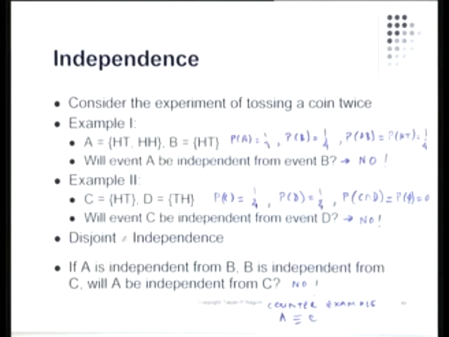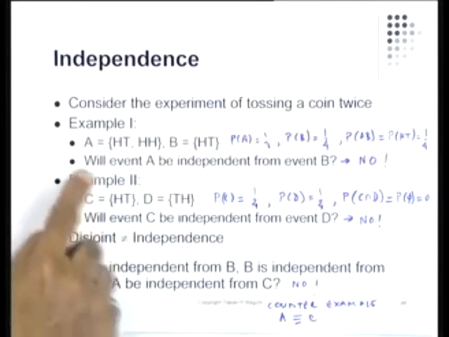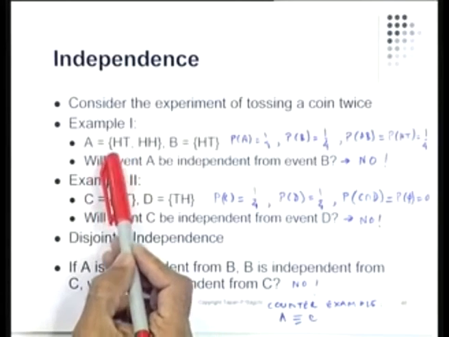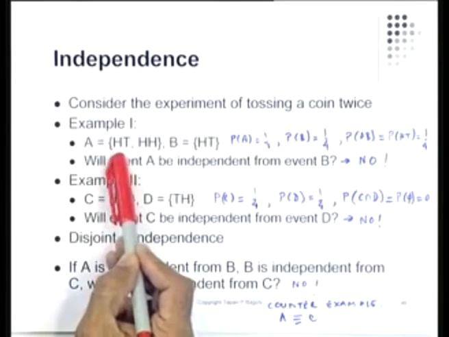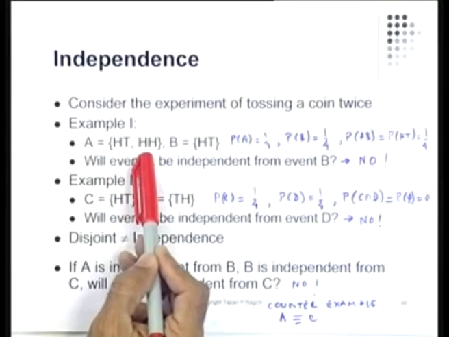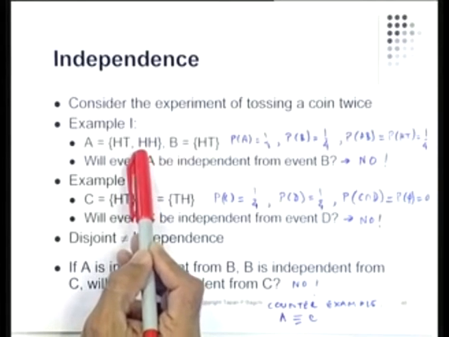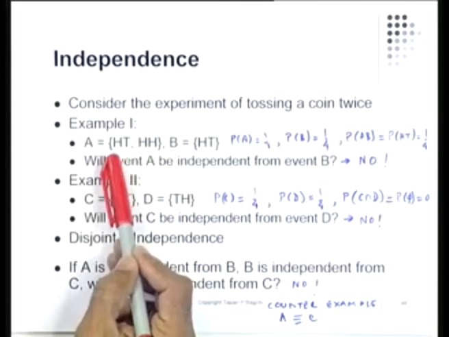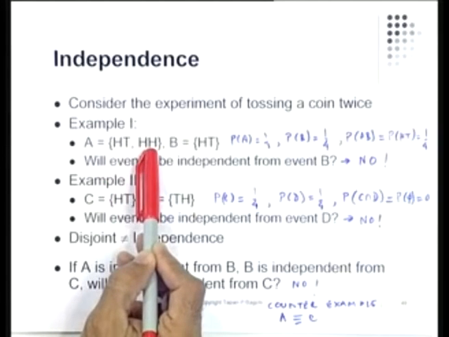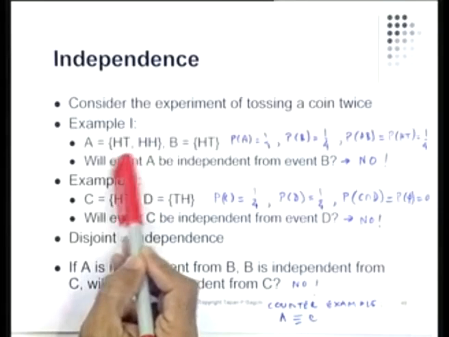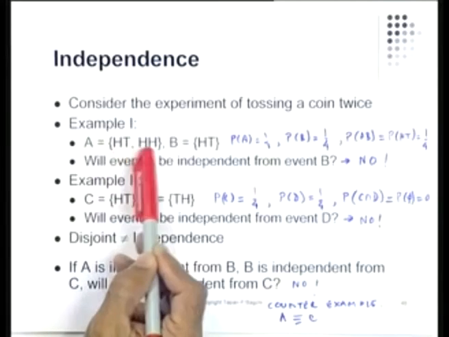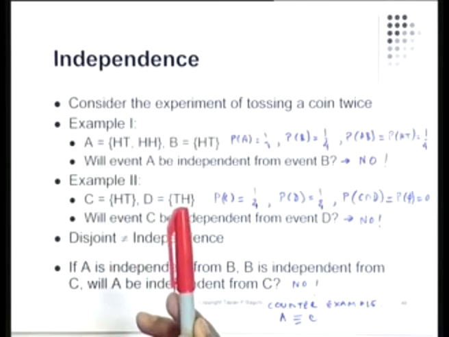P(A), which is head then tail, is half times half, that turns out to be 1 by 4. Also I could have the same event occur if I had two heads, and the chance of that is again 1 by 4. So 1 by 4 plus 1 by 4, because these are two different outcomes, and I'm talking about this occurring or this occurring, therefore I add the probabilities.